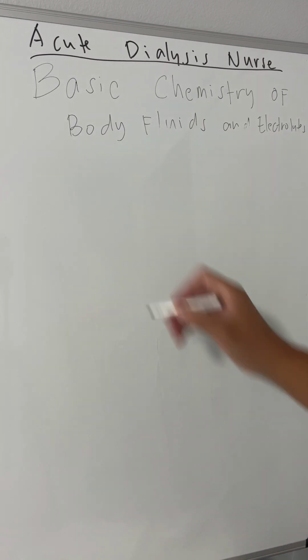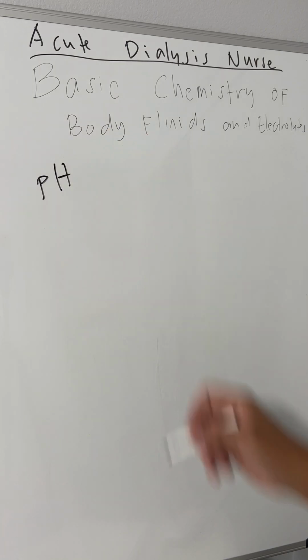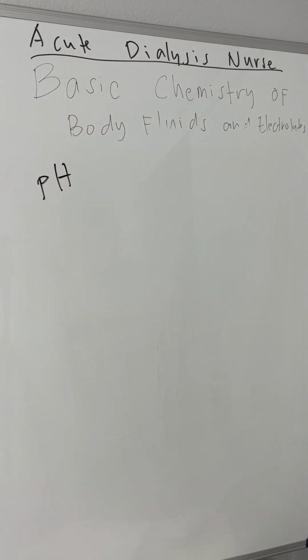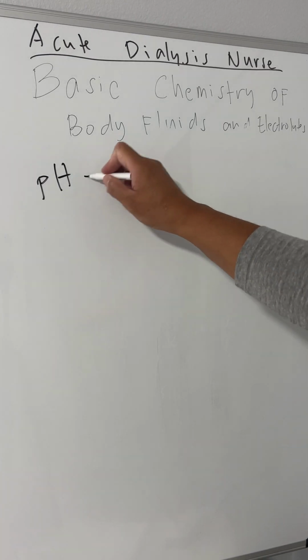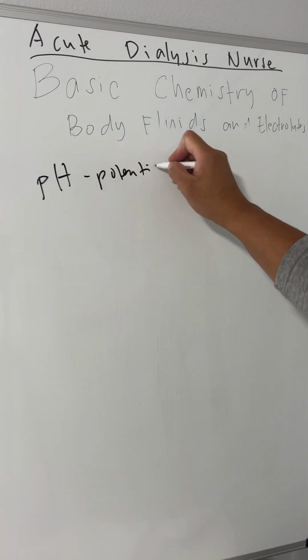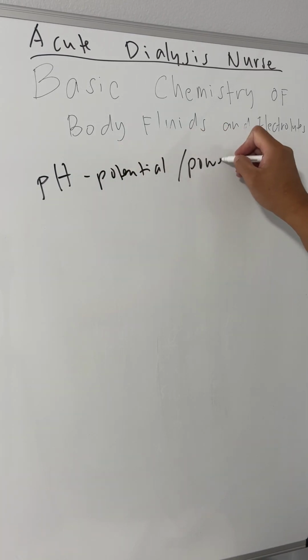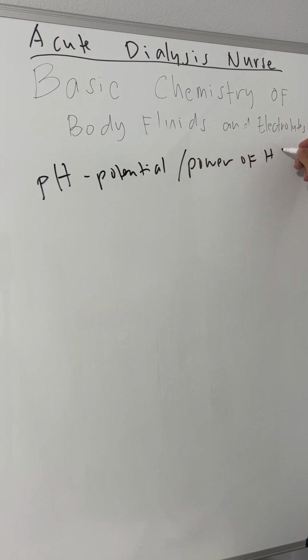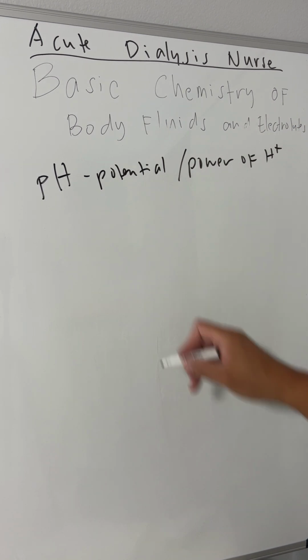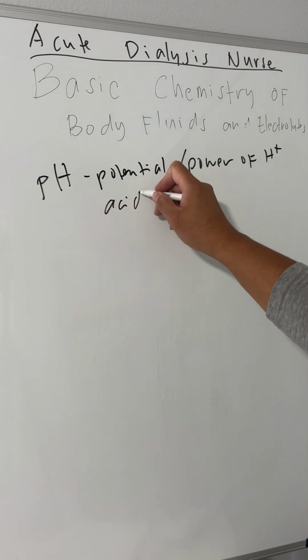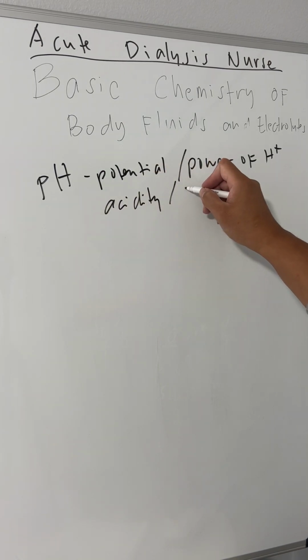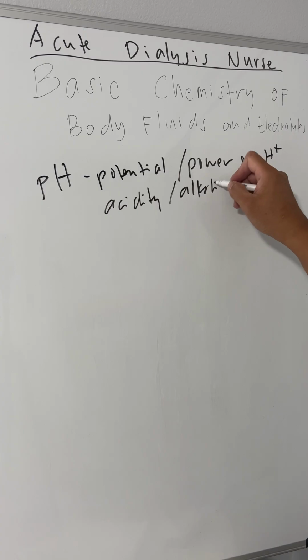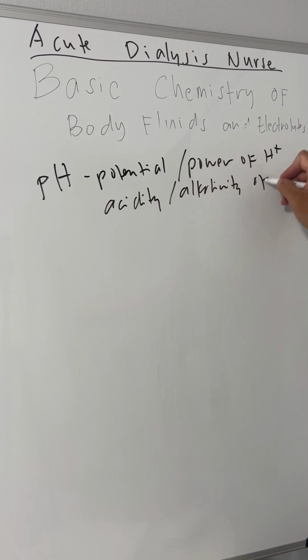Next word is pH. So pH is power of hydrogen, potential or power of hydrogen. So pH defines the acidity or alkalinity of a substance.